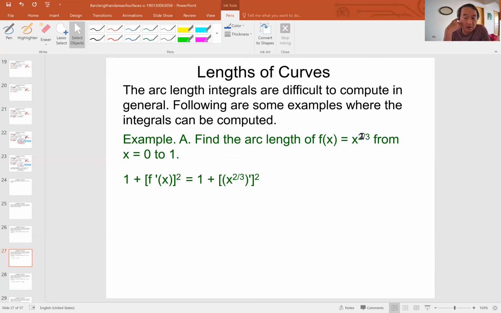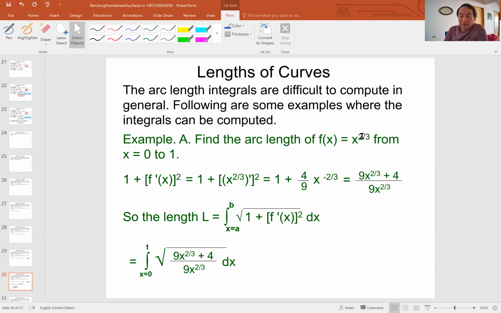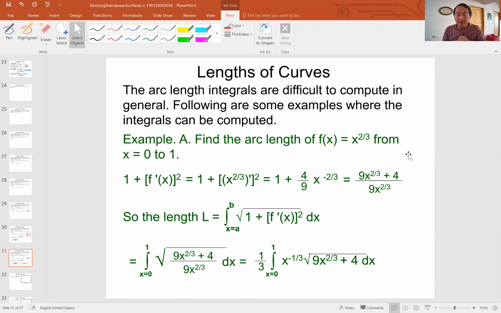Why not a half power? Why 2/3? That's because of the way the algebra works out. If I calculate what's inside the square root, 1 plus the derivative squared, and put it into a fractional form, it just happens that I can take the denominator outside, 1/9 x to the 2/3.